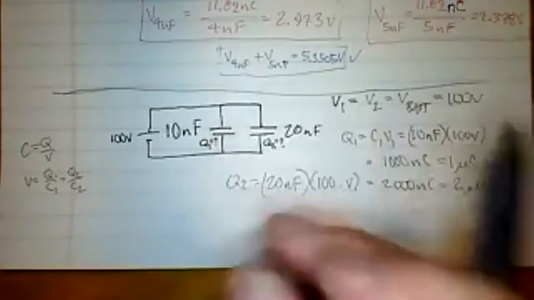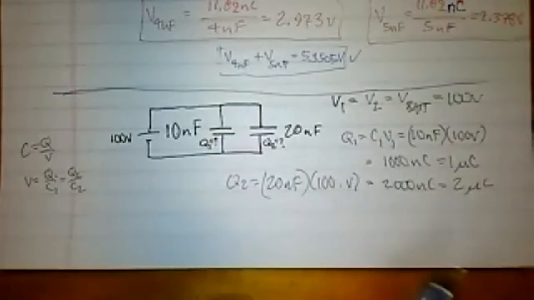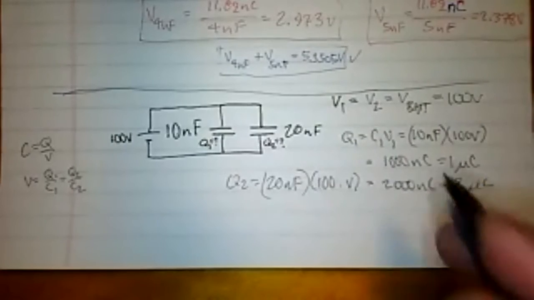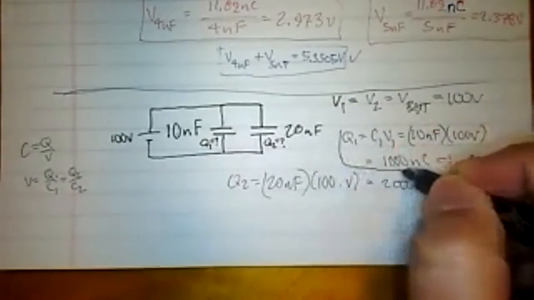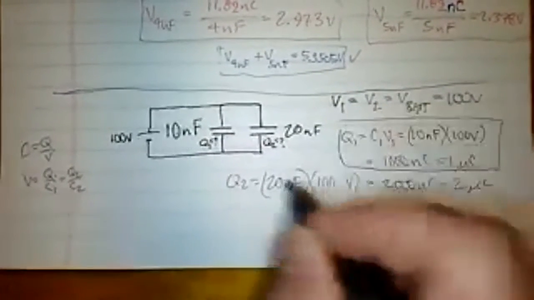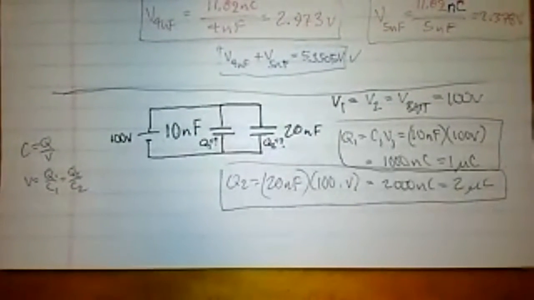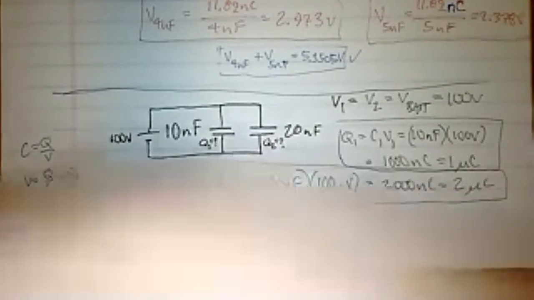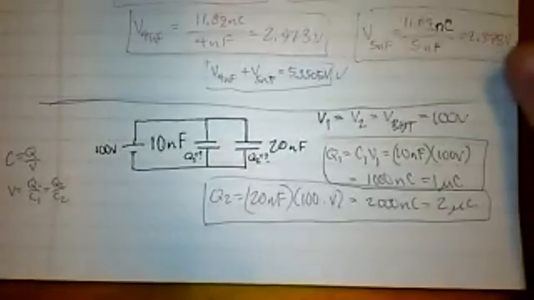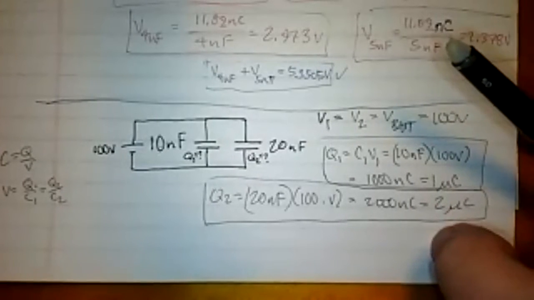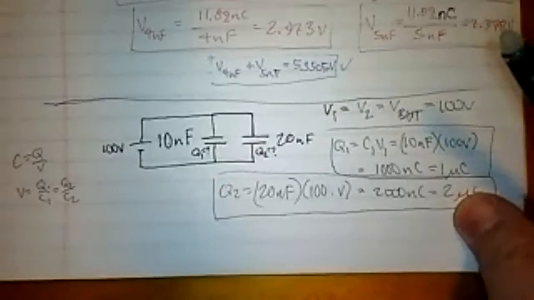That's because the formulas are just opposite for series and parallel with capacitors versus resistors. So there's our one result, and there's our other result. That's a nice, neat little problem, and it gives us a chance to make some sense of how the physics should work. And obviously the physics works such that the bigger capacitor gets the lion's share of the charge.